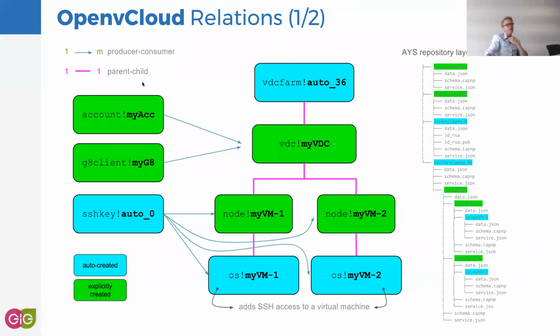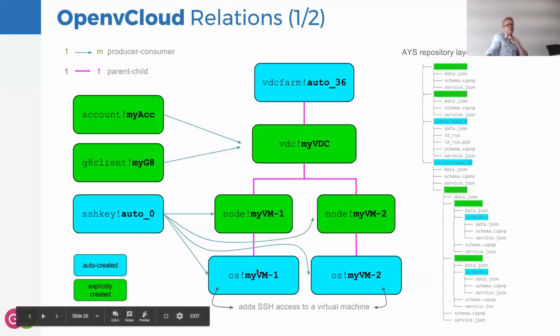And because of the parent-child relationships, what you see here is that on disk in the AYS repository, you'll see the exact same layout being copied there. So the VDC farm is the parent of the VDC, and then the VDC is the parent of the two VM nodes, and then the service that is managing the SSH service in a VM is again a child.